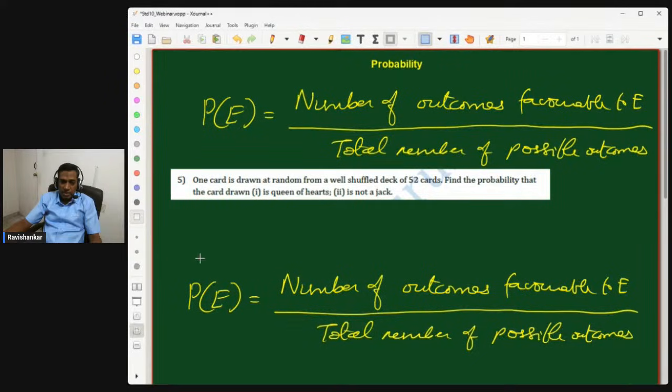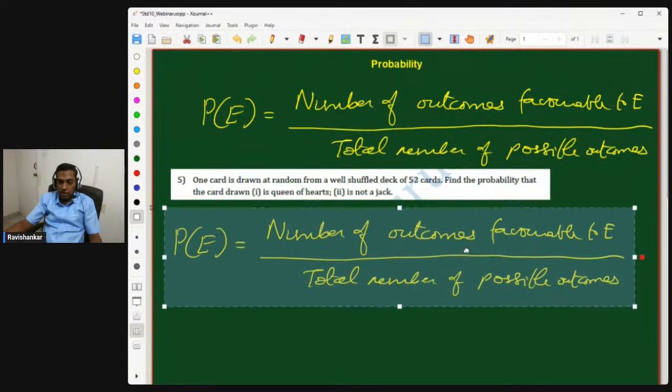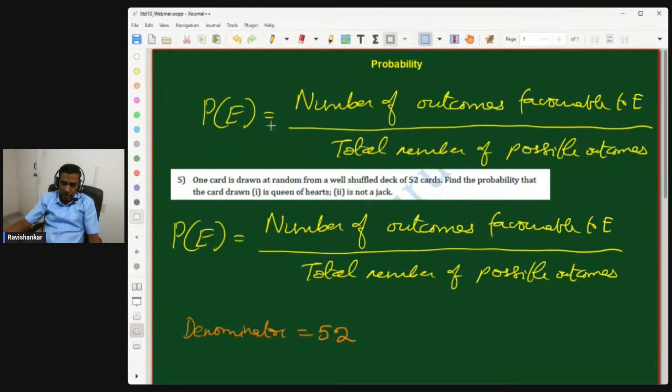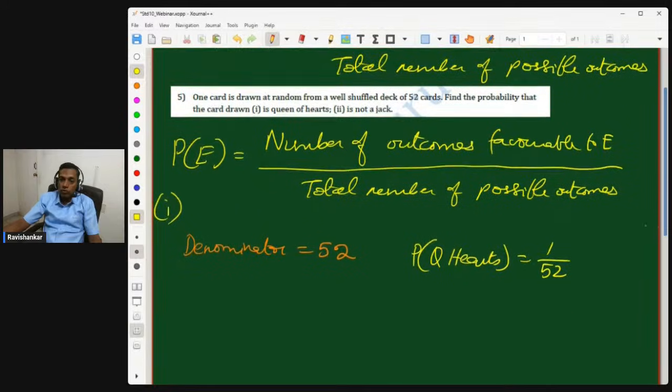In fact, in the CBSE, you will probably be expected to write this. And what is the numerator? The number of outcomes favorable. So part one, if you want Queen of Hearts, there's only one outcome. So P of Queen of Hearts is 1 by 52.